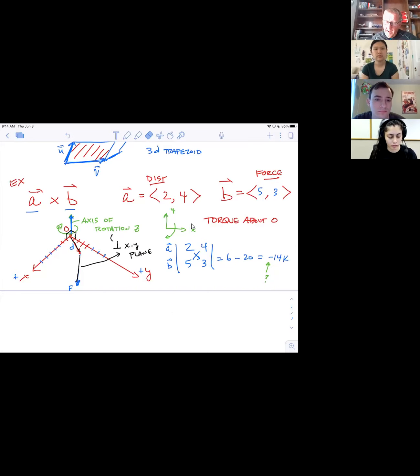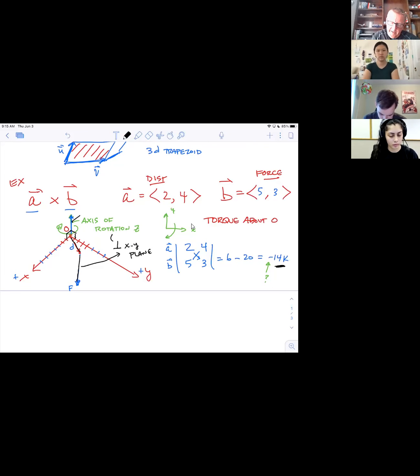What we literally got is the axis around which all this is rotating. The other thing that's amazing is we got an answer here of -14, right? Let's see.